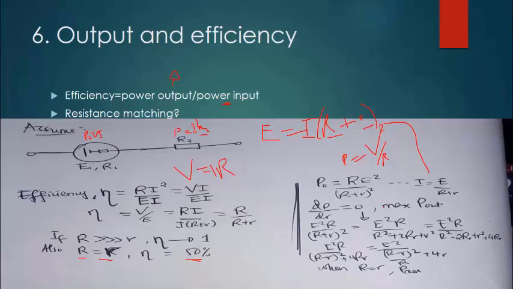But on the other hand, we can use another approach. E squared R over (R plus r) squared, you just expand the denominator, which becomes R squared plus 2Rr plus r squared. So we can factorize more this.